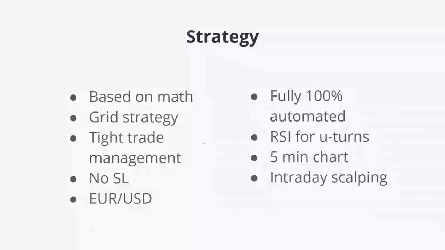That's why there's a fixed lot size approach rather than a percentage risk approach. It's fully 100% automated, no intervention needed from the trader. It uses some technicals like RSI for U-turns, otherwise it's purely based on math. And there are a lot of trades. Typically what we've seen is a very smooth equity curve, so that's great for the nerves.